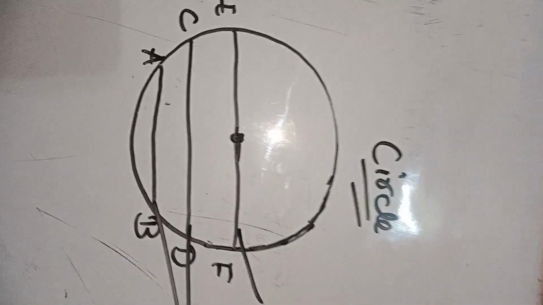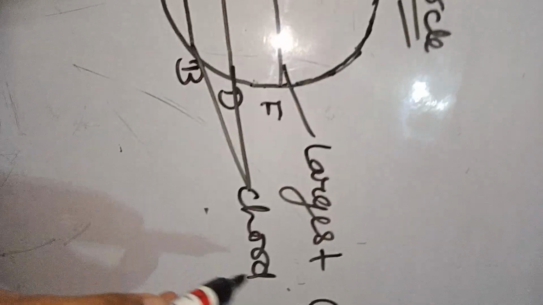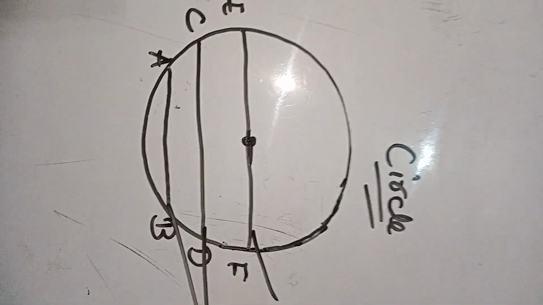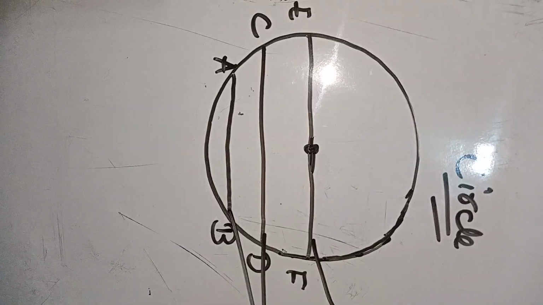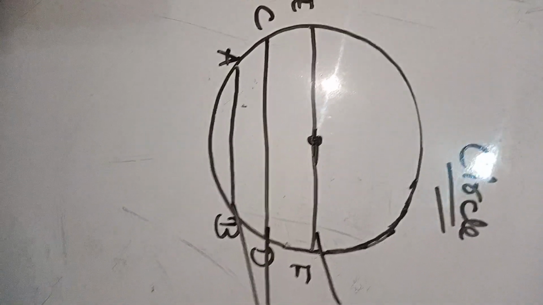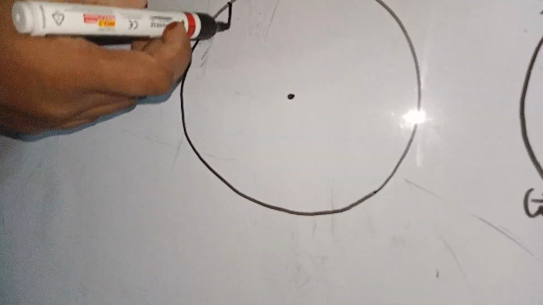Okay, now what is secant? I hope circle, chord and the largest chord, which we can also say diameter, you learned and can understand easily through my explanation. So let's move to the next, that is secant. You know that it is a chord.